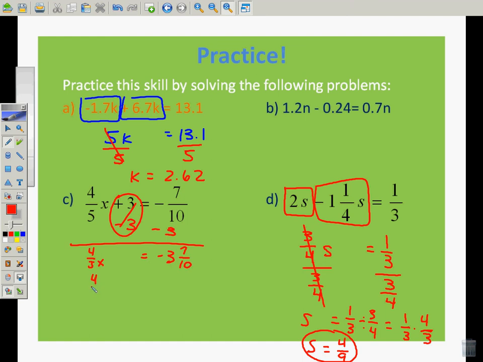And so I've got 4/5 x is equal to, I'm going to convert this from a mixed number to an improper fraction because I know I'm going to end up dividing by a fraction. And so when I do 10 times 3 plus 7, that gives me -37 over 10.